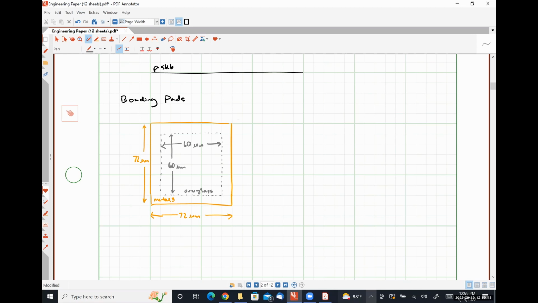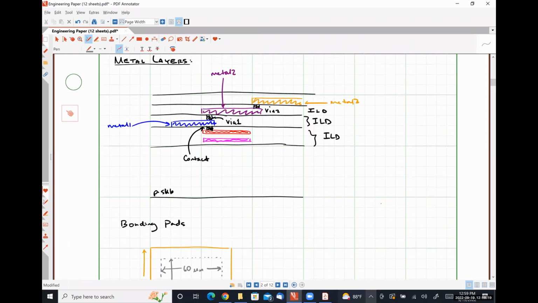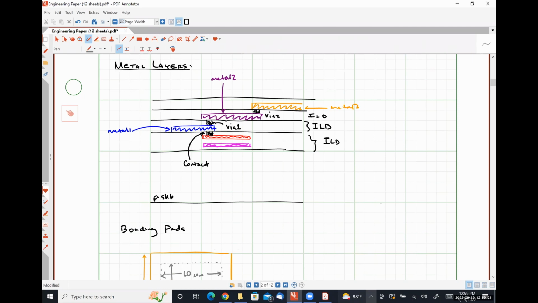Effectively, what the overglass layer does is it holds down the metal 3 layer, okay? So this interlayer dielectric right here is effectively the overglass layer. It is an oxide that is literally grown over the top, and then a hole is cut out that allows you to actually probe those metallic points on the chip.